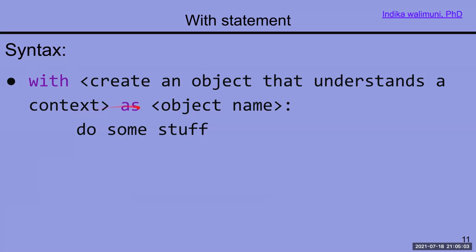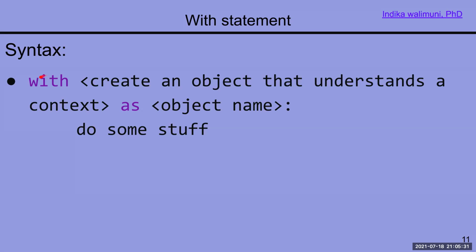And that's the as keyword, and we give the object name. In this case, if it is a file, it's a file object name that we were using already. Previously it was qb data file, right? Qb file. And then it ends with the colon, and then we do the stuff that we want to do inside this with statement.